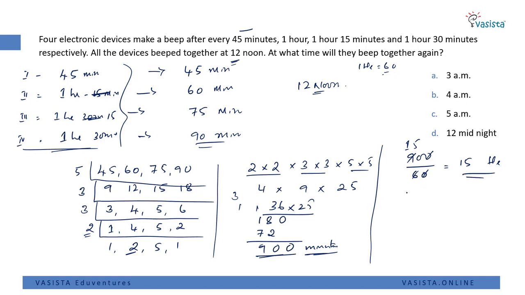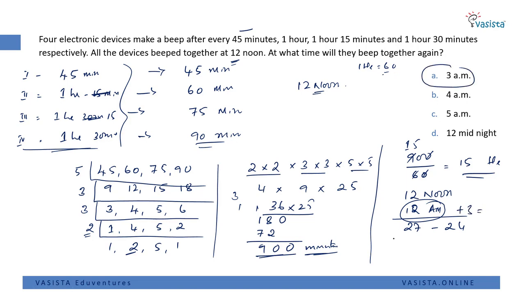Let us check out now. 12 noon plus 15, that is going to be 27. So minus 24, or otherwise what you can do is 12 noon, I will make it as 12 plus 12. So 12 AM, that is early morning, AM you will go, plus 3, 12 plus 3 is 15, that is going to be 3 AM.